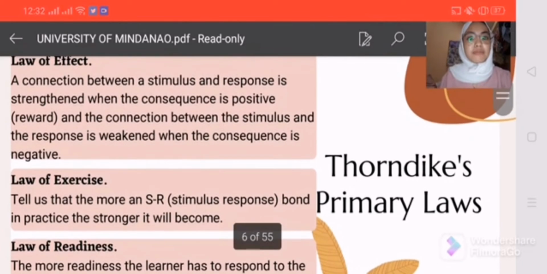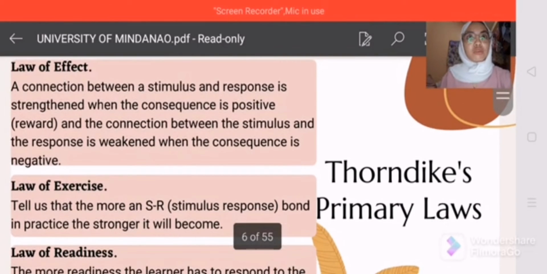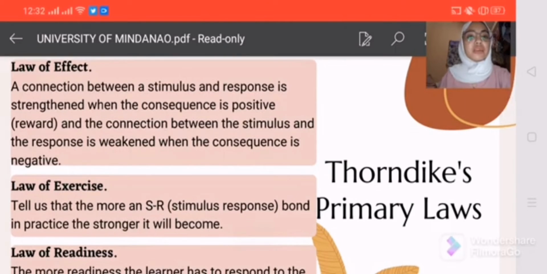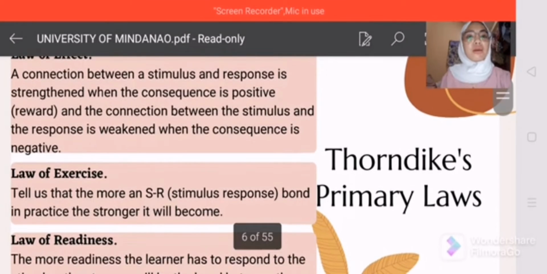And then kapag naman showing some bad behavior, hindi pwede sabihin na sige paluin kita. Of course kailangan ng punishment, but not to the extent na matakot yung bata. So that is the law of effect.